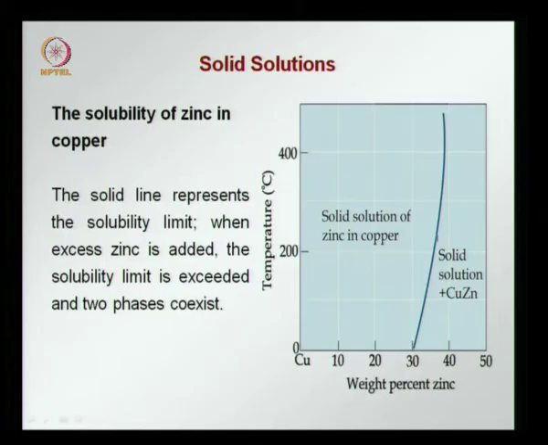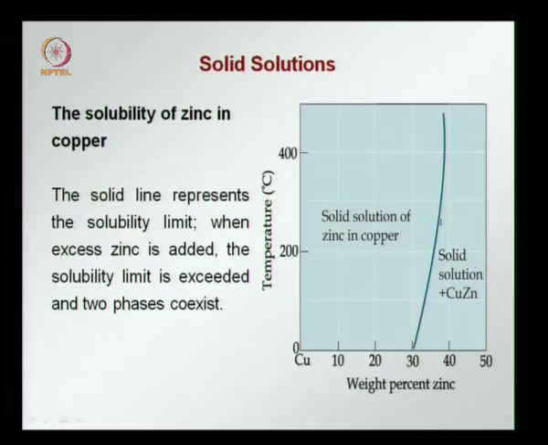To the left of this curve, we will have a solid solution of zinc in copper, where both zinc and copper atoms will be randomly distributed within the solid. However, to the right we have one phase which would be the copper zinc compound, and another phase which would be the solid solution with random distribution of copper and zinc atoms.